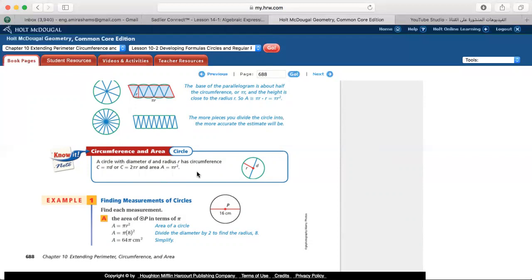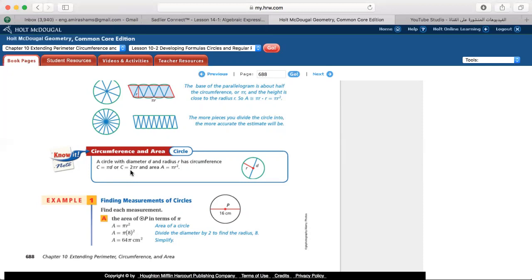According to the problem, if the problem has d, use the formula C equals pi d. If the problem has r, use the formula 2 pi r.